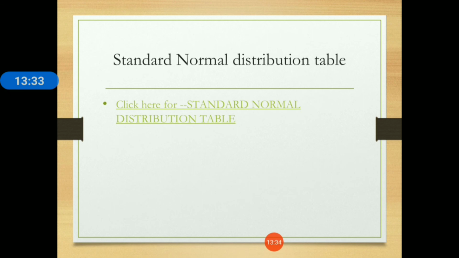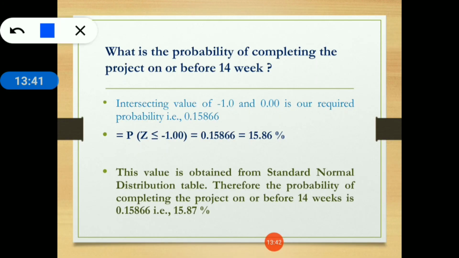Now we have seen how to find the probability with the help of the standard normal distribution table. Here the intersecting value of 1.0 and 0.00 is our required probability, that is 0.15866. So 0.15866 is equal to 15.86%.